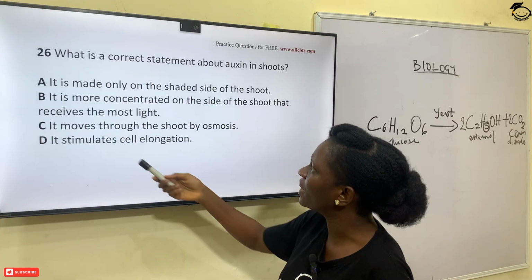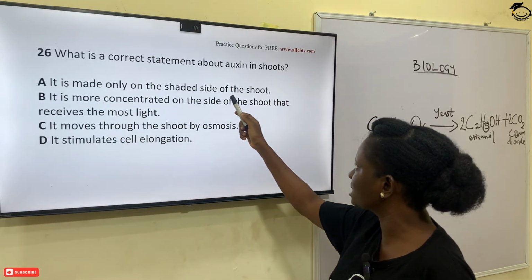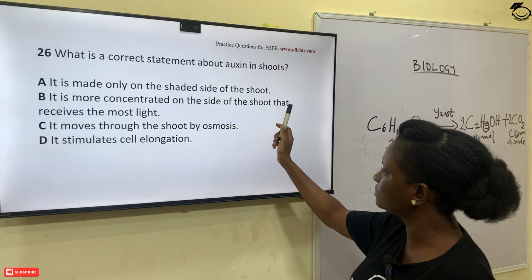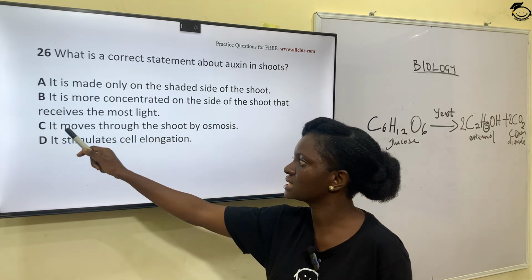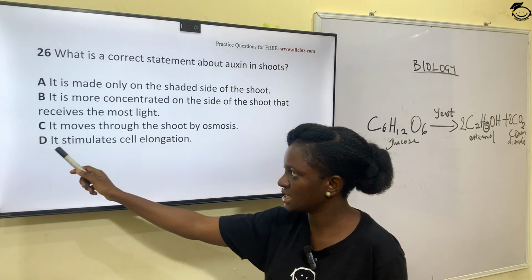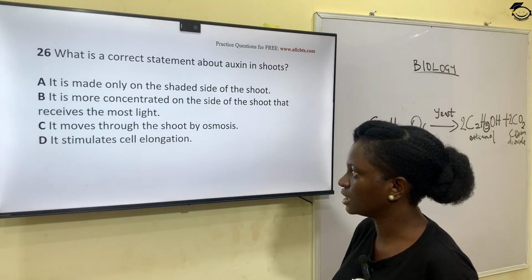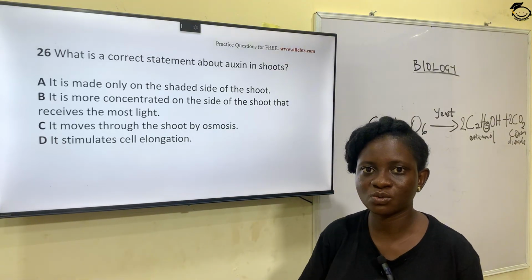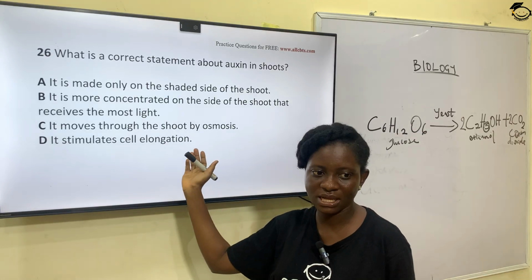Which is correct? A, it is made only on the shaded side of the shoot. B, it is more concentrated on the side of the shoot that received the most light. C, it moves through the shoot by osmosis. D, it stimulates cell elongation. So this is what happens. It moves the stem towards light, stimulating cell elongation.